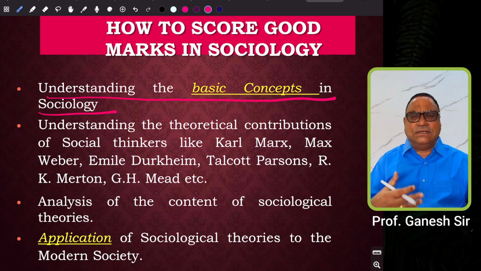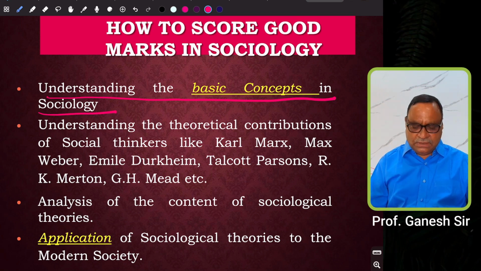Like that, social deviance, there are many concepts which are used in sociological analysis. So every student must have a conceptual clarity. This is the first important one.